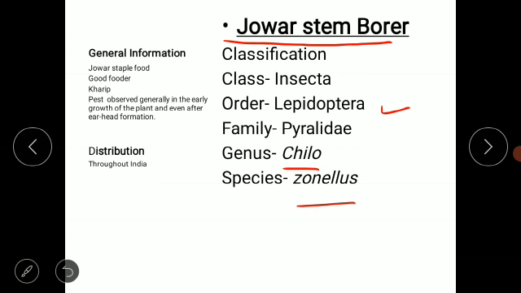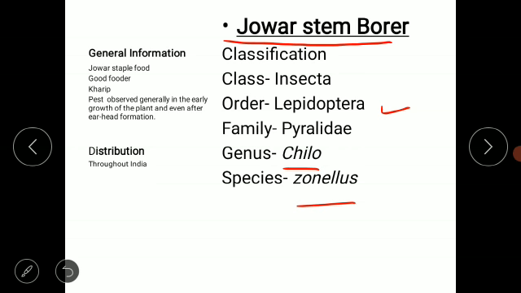Jawar acts as the main food crop of Maharashtra, and it also supplies very good fodder to the cattle. Means Jawar is useful to human beings as well as cattle. It is cultivated particularly in Kharif, as well as in Rabi and in hot weather.